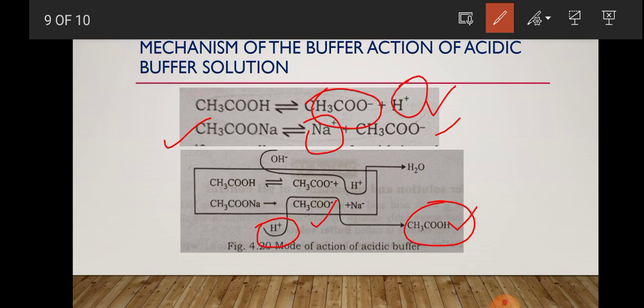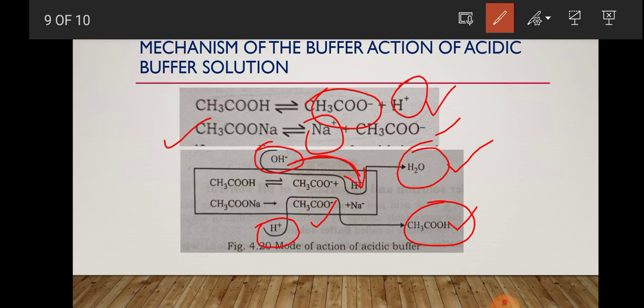And on the other hand, if we add a small amount of alkali in this buffer solution, then hydroxide ion concentration is increased, and to neutralize the pH value, this hydroxide ion reacts with hydrogen ion and produces water, which is a neutral substance.